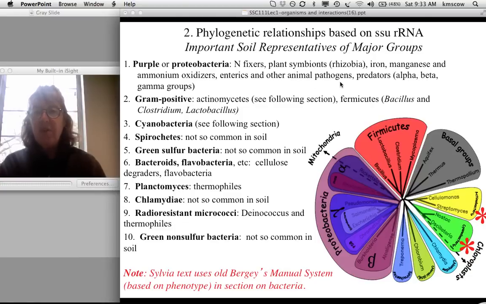We have the purple bacteria, or proteobacteria, and within the proteobacteria there are all these different subgroups as well. And that's where we find mitochondria. The ancestor of the mitochondria is a proteobacteria.